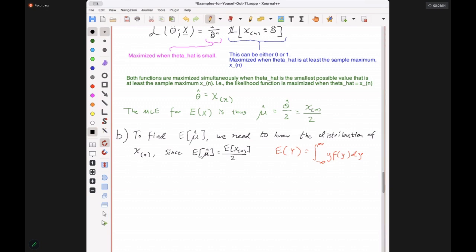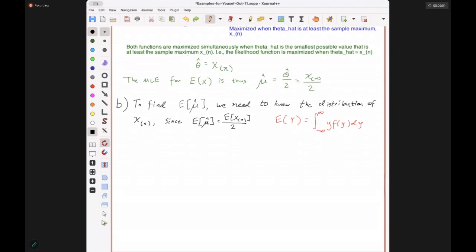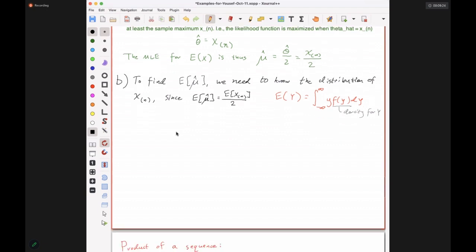Because we can factor out the 1/2 from this. So for this, we need to know the density function. And the way I wrote it here, this is the density for y. Now, there is a formula to go directly to the density function for these order statistics, but we can work it out ourselves by looking at the CDF.